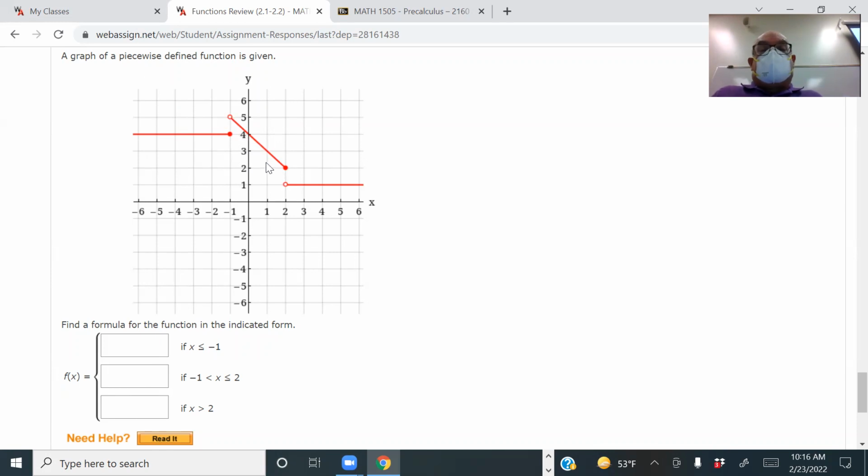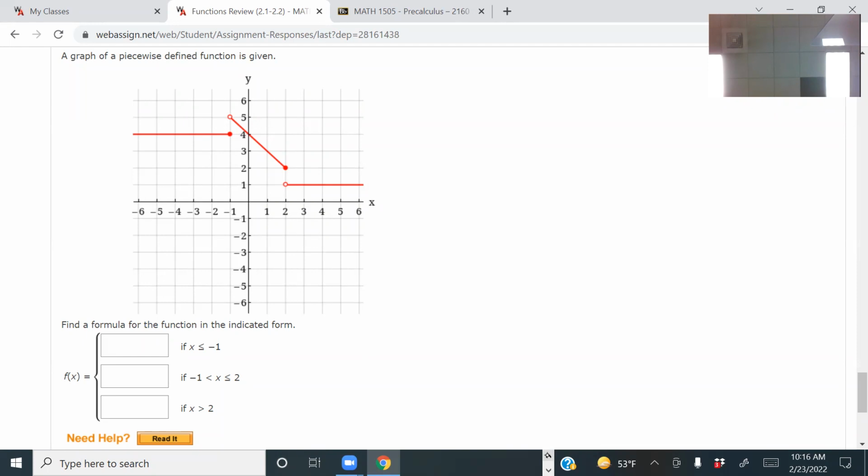Let's do the middle piece, well, no, let's go ahead and start with the piece on the left there. That is a horizontal line, and you might remember, but if you don't remember, that's okay. That is a horizontal line that stretches across y equals 4 here, right?